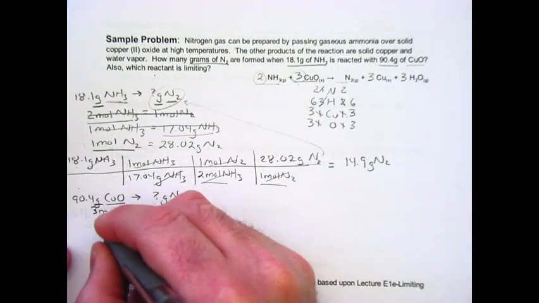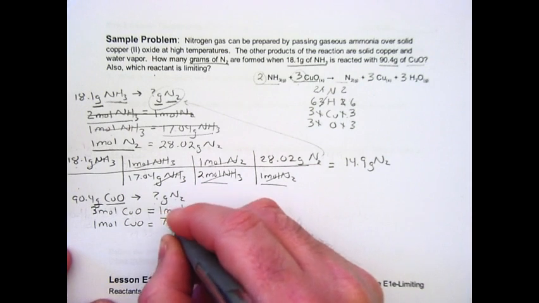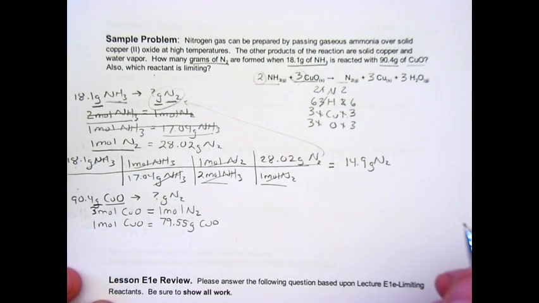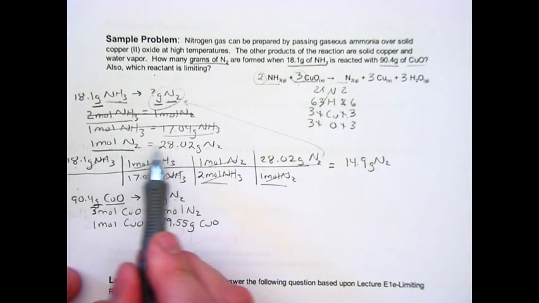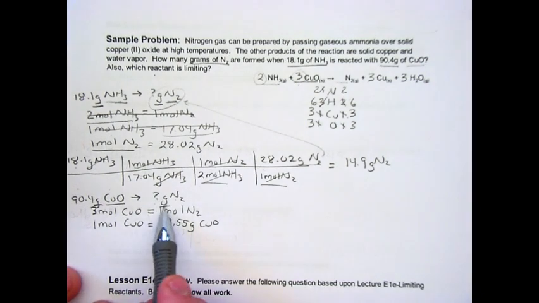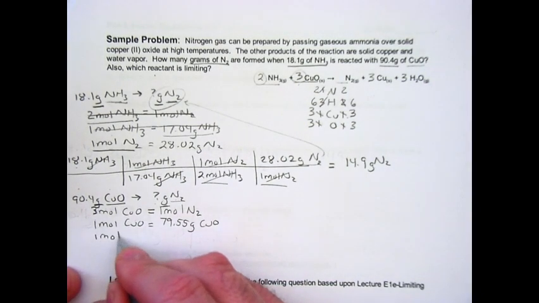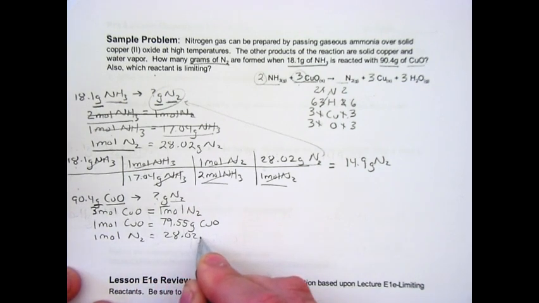So 1 mole of copper oxide equals 79.55 grams of copper oxide. And for the final equality, I'm going to use the same one as before since it's the molar mass. That's grams. I need the molar mass of nitrogen, which is still 28.02 grams.